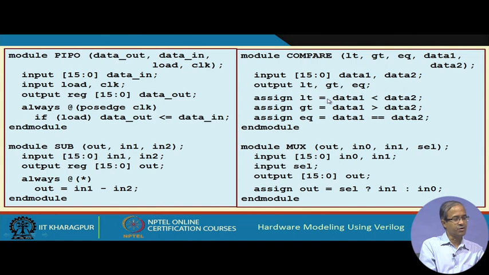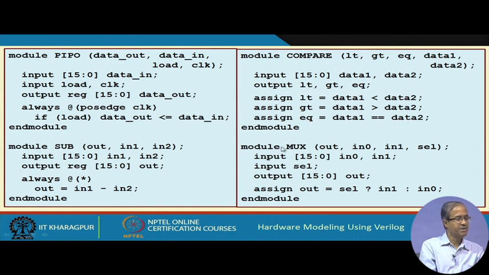Assign LT equal to data 1 less than data 2, which means if this condition is true, that condition will be stored in LT. Condition true means it is stored as 1, so 1 will be stored in LT. If it is false, 0 will be stored. Similarly, for this one, if this condition is true, 1 will be stored, otherwise 0. Similarly, equal.